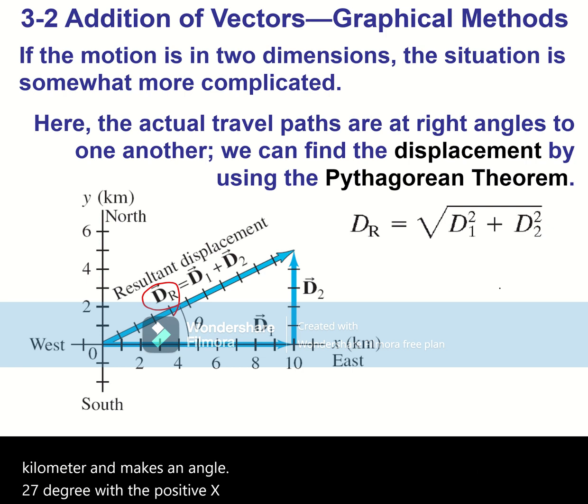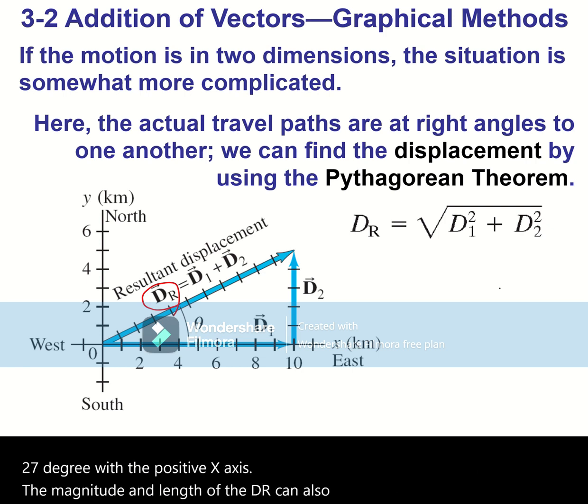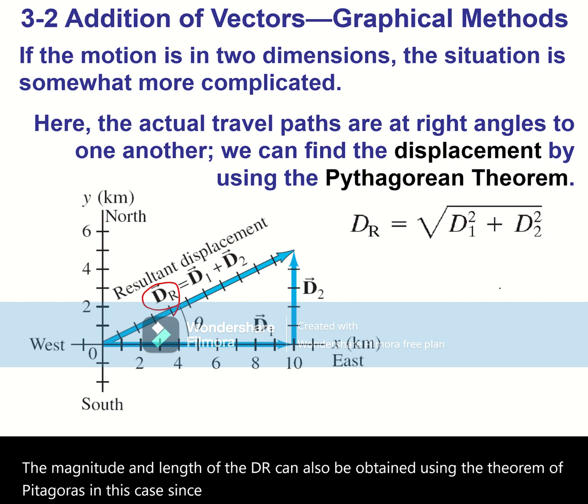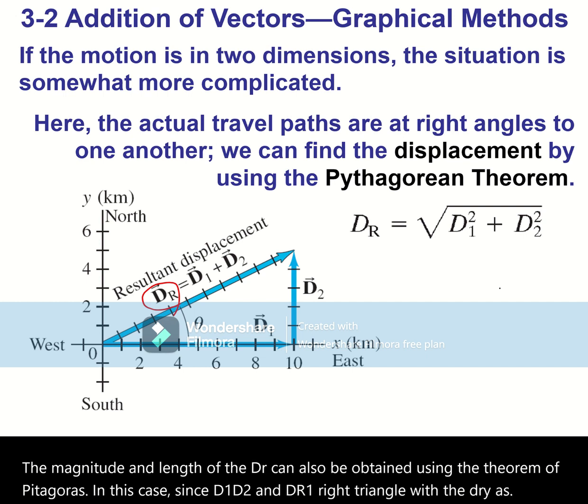x-axis. The magnitude, or length, of dr can also be obtained using the theorem of Pythagoras in this case, since d1, d2, and dr form a right triangle with dr as the hypotenuse.